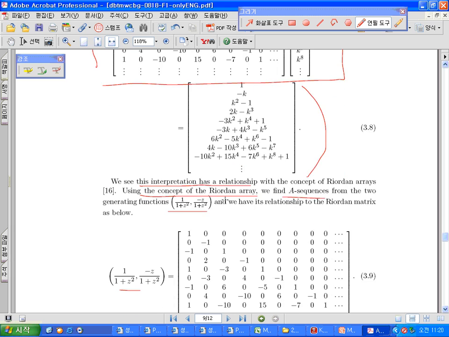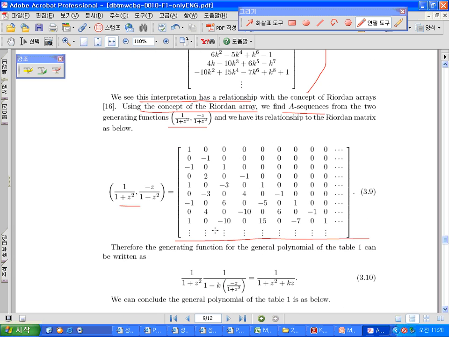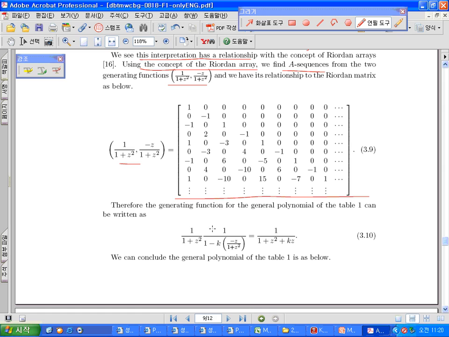Isn't it nice to match it? Then the generating function for the general polynomial can be written as this. These are things that you could learn from discrete math and combinatorics courses.